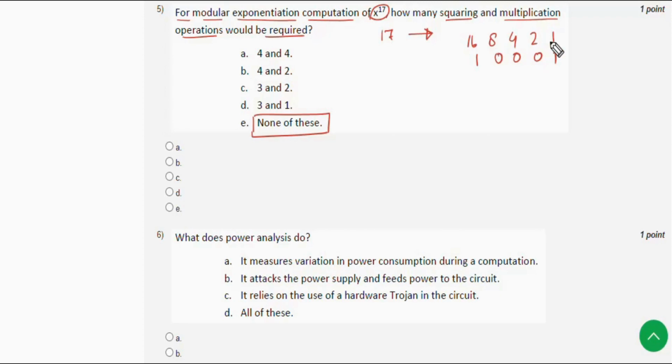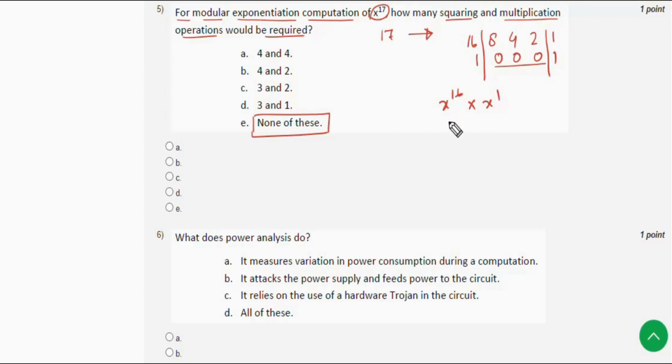Okay, 16 plus 1, correct. So we can write x to the power 16 into x to the power 1. Only we can take this part; this is not required, or we can neglect this.